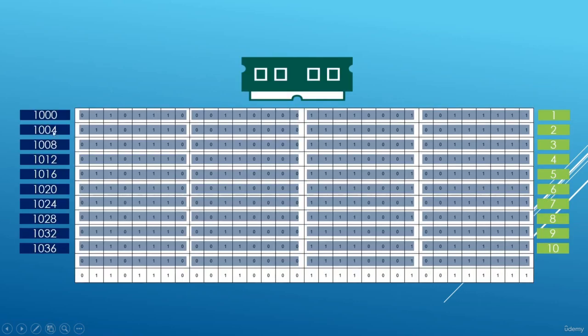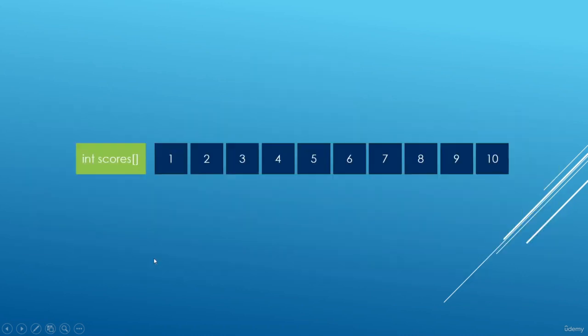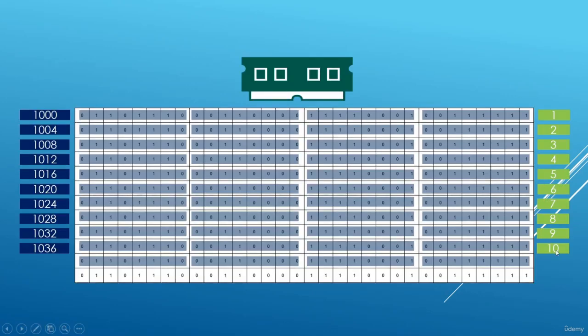Here is how data would look in memory, a bunch of zeros and ones, and we have bits grouped into groups of 8. So each of these gray things here is a byte. And we have memory locations on the left and the actual data in that memory location to the right in green. If you look at our array, we have 1 through 10, and this is the representation in memory.